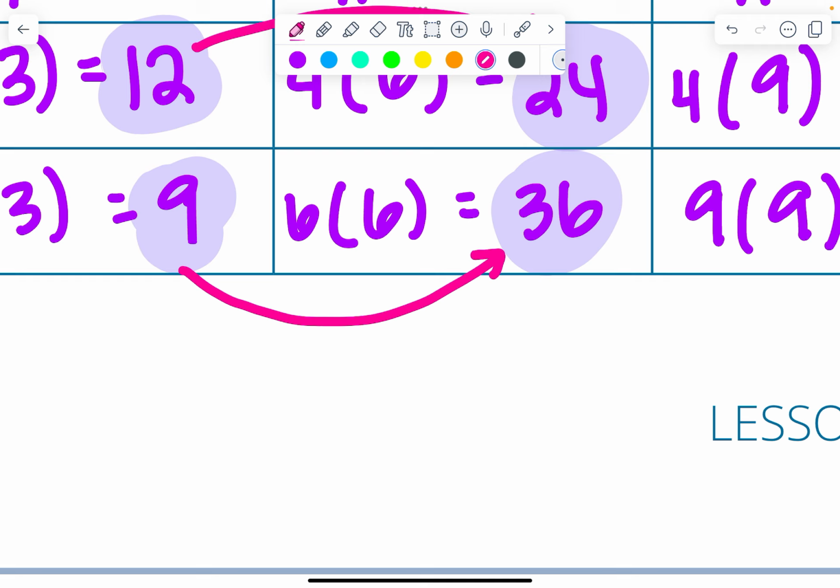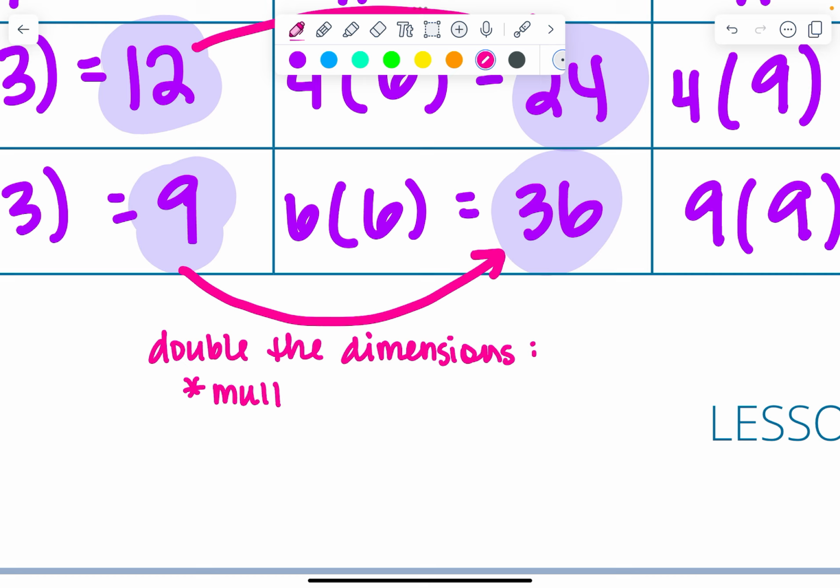So if you double the dimensions, you're going to double the perimeter, and you are going to multiply the area by 4.